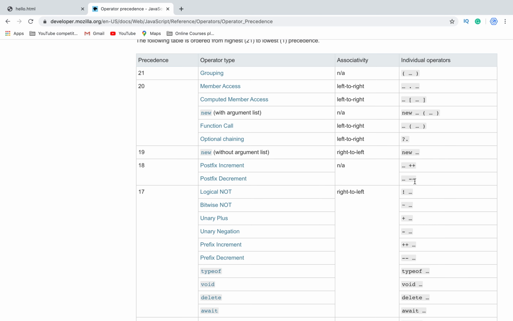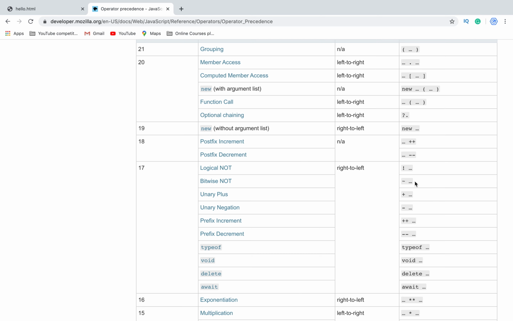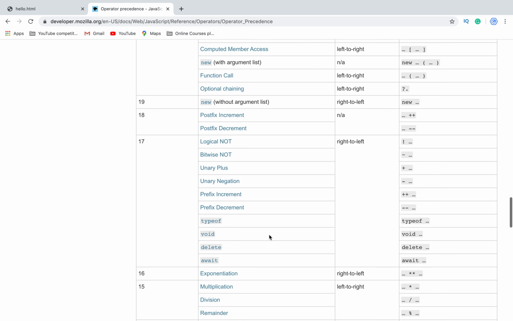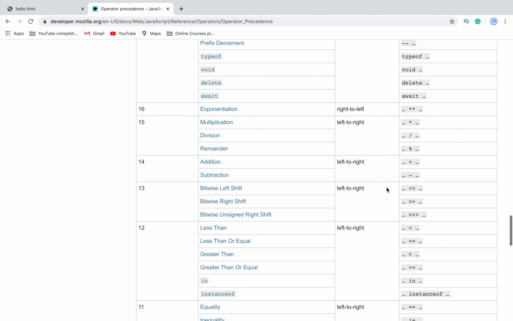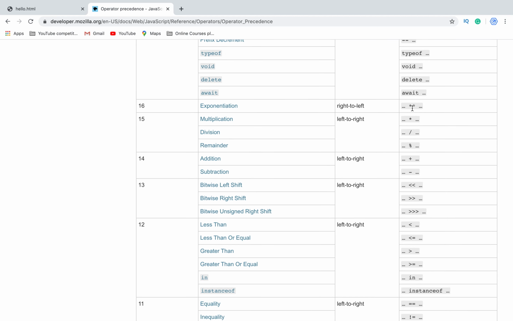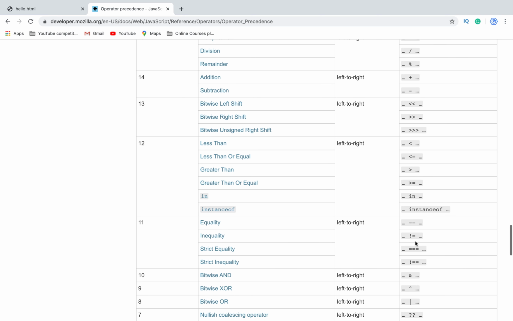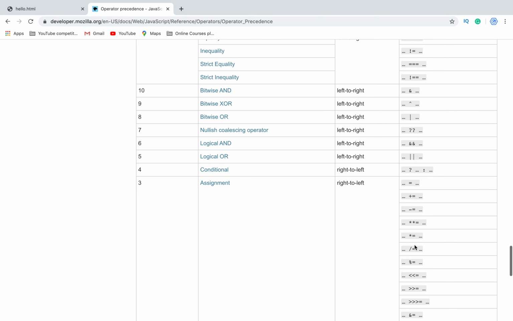We'll talk about them in a couple of seconds. Then logical operators, and what's the most interesting, we have exponential operator, and we have multiplication, division, remainder, addition, subtraction, and bitwise operators, and then all others. We'll talk about them later.